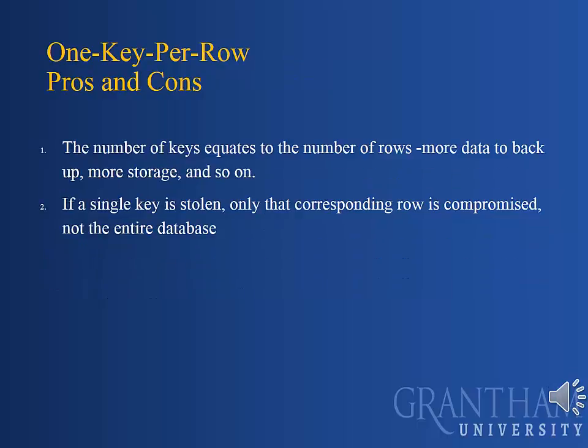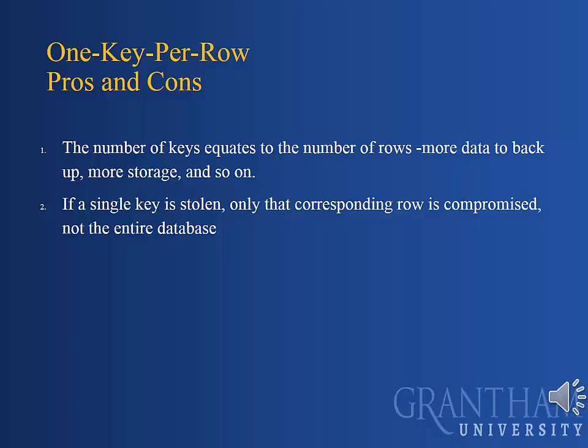So if we compare it and look at the one key per row instead of just a single key, then you're going to have a number of keys that's going to be equal to the number of rows. So that's going to make key management more complex. There's going to be more data to back up, more storage, and so on. So that's going to have an impact.